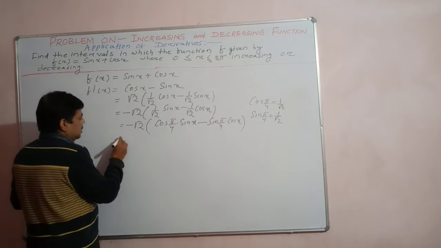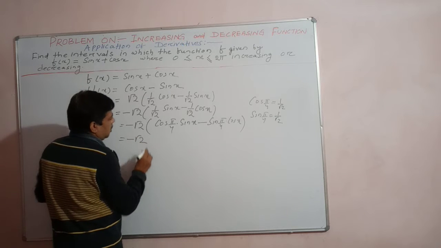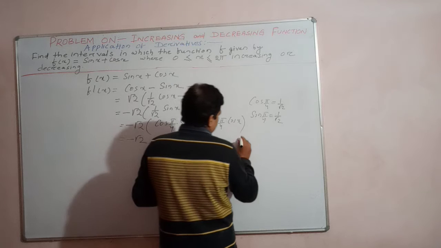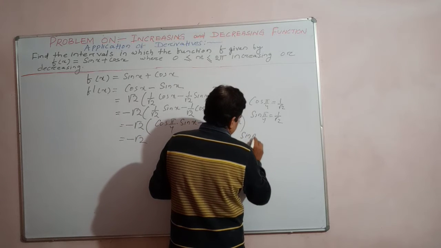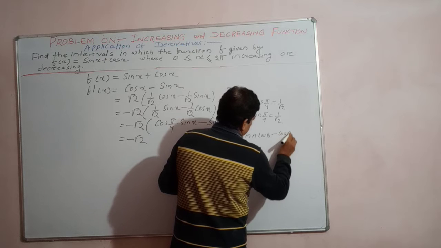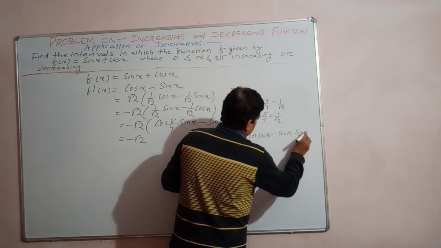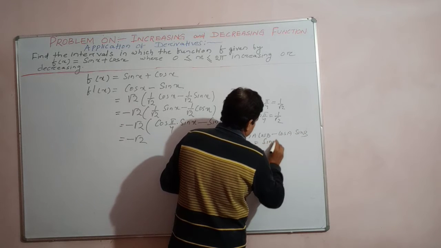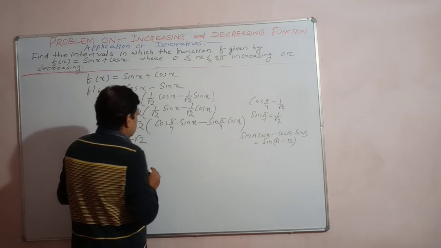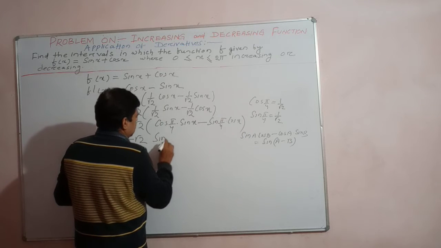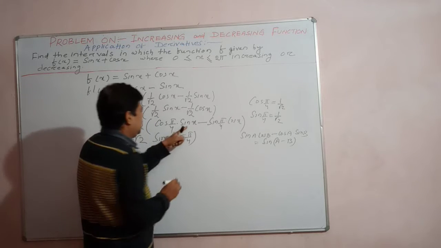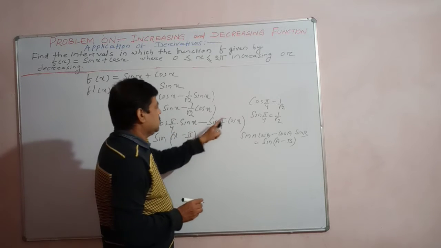So that implies minus root 2 times (sin x cos π/4 − cos x sin π/4). You know a formula in class 11: sin A cos B − cos A sin B, and that is the formula for sin(A − B). Is it clear? So here, sin(x − π/4), with A = x and B = π/4.